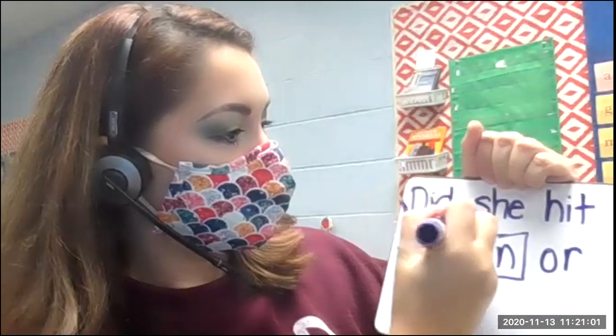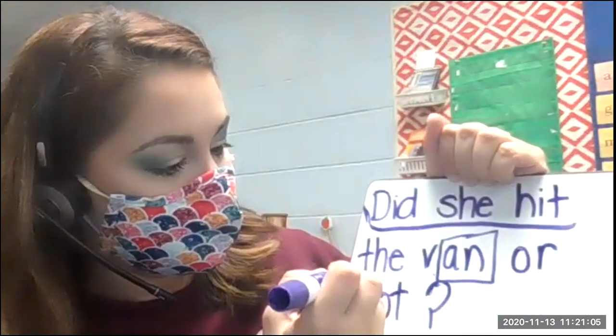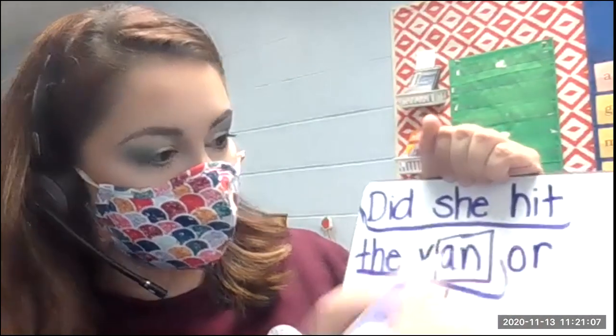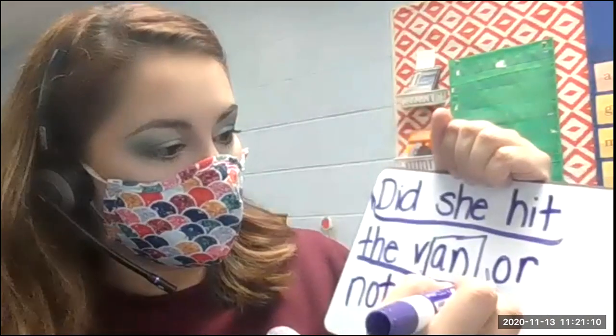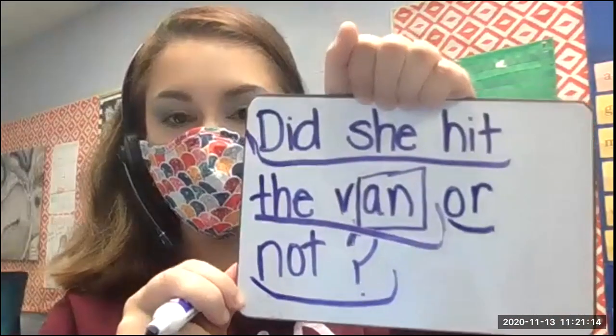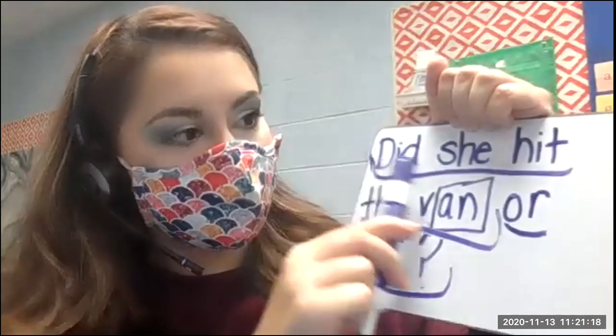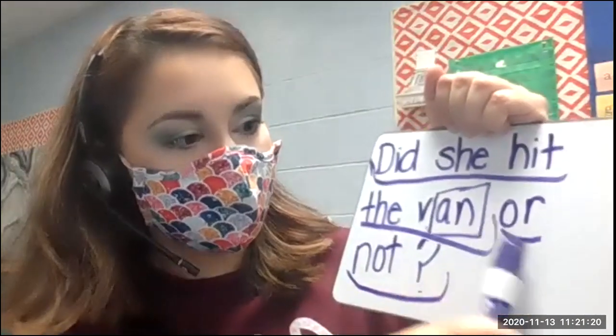Did she hit, and then I'm not going to end it because that's not the end. The van, there's where I'm going to end my scoop. Or not is my second scoop. So I would read it: did she hit the van or not? Now you scoop and read yours.